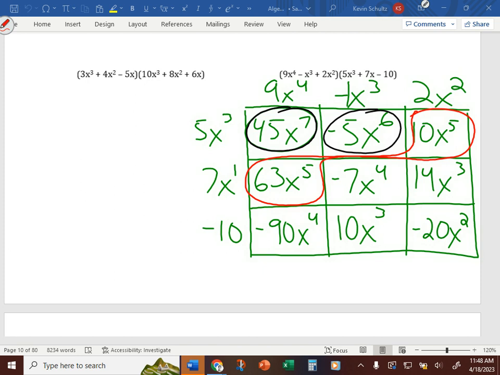You have to be careful with your circle not to accidentally take away a number here so you miss the 10x. Why aren't they right diagonal this time? What about our original expressions might account for that?